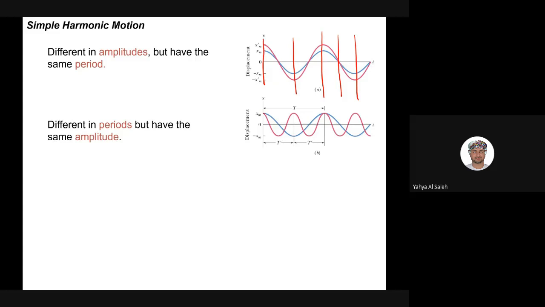The blue line needs a full T, say for example 1 second, to go from maximum to minimum back to maximum, while the red line in the same amount of time can do 2 wiggles. So it only needs half a second to go from max to min to max. Different time periods.